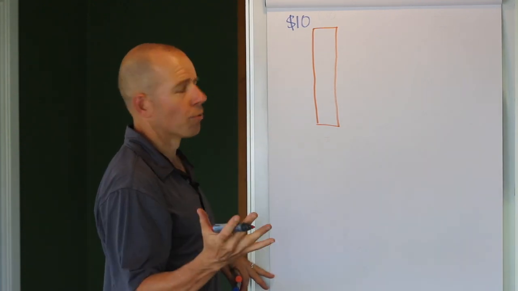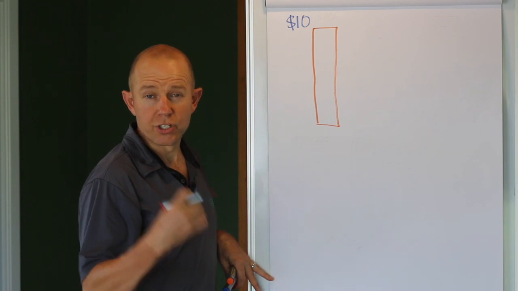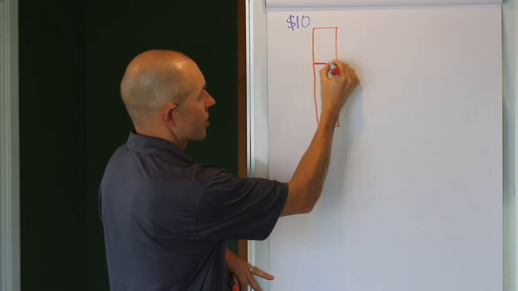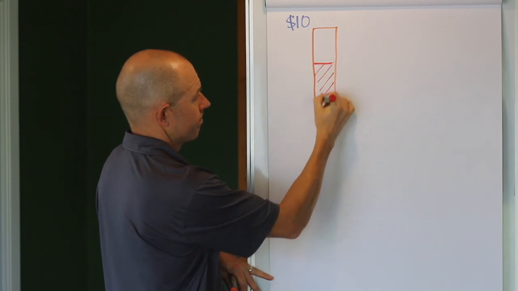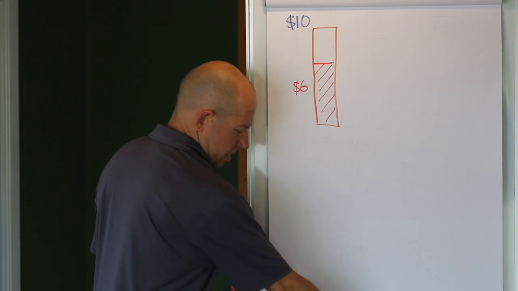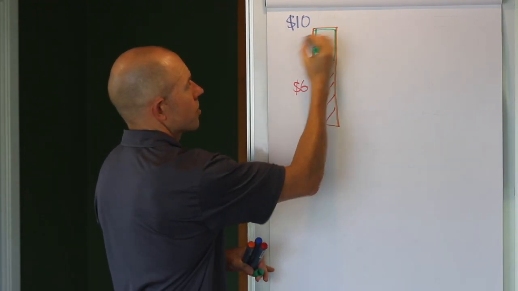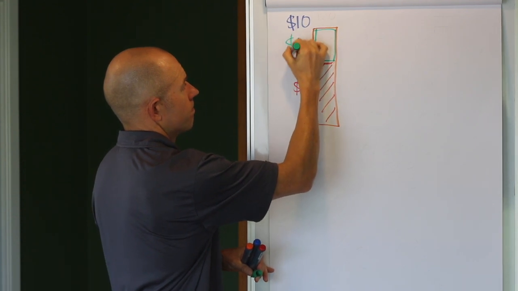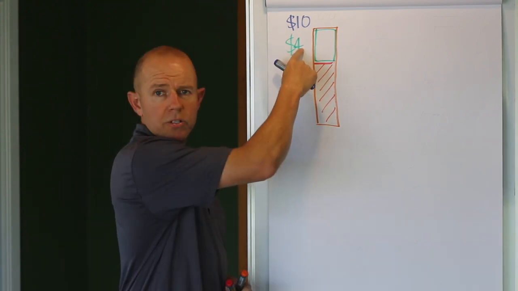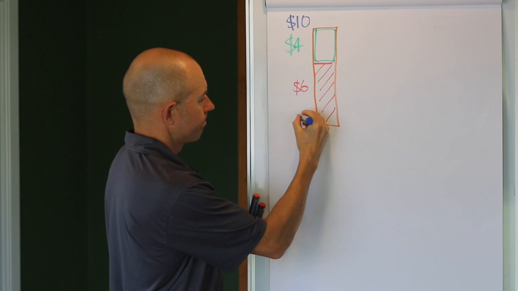If, for example, you were selling books, you might buy the book for $6 and sell it for $10, so your cost is $6. That means on this sale, you're making $4. So in this scenario, you make $4 out of a $10 sale, which means your margin is 40%.